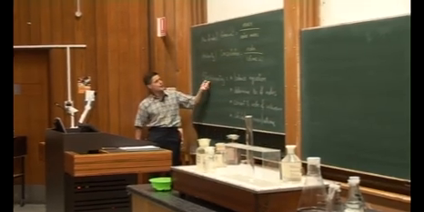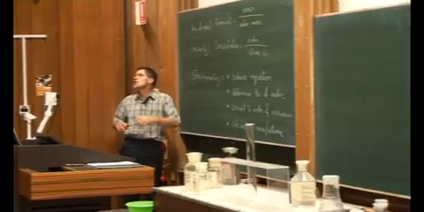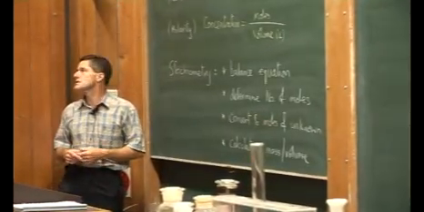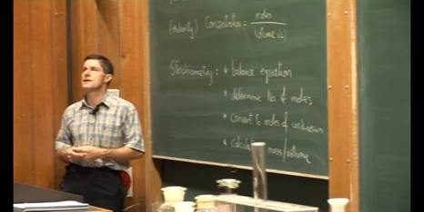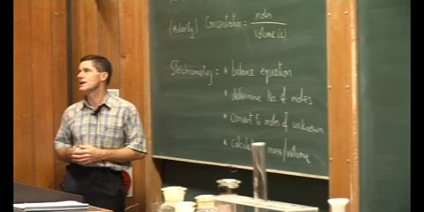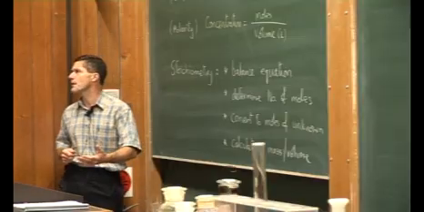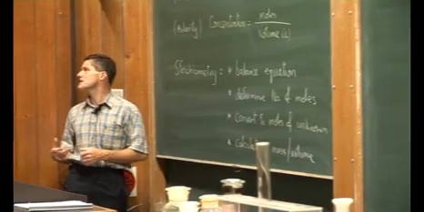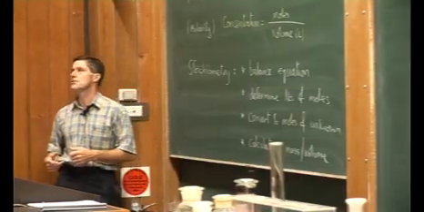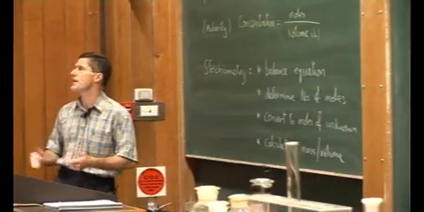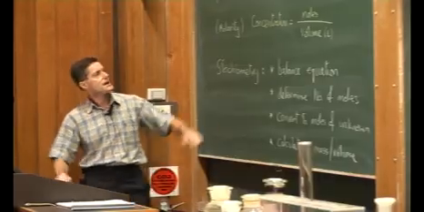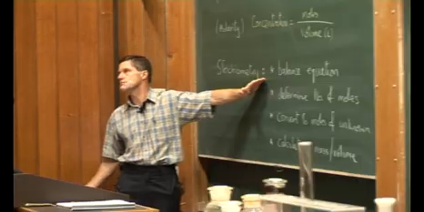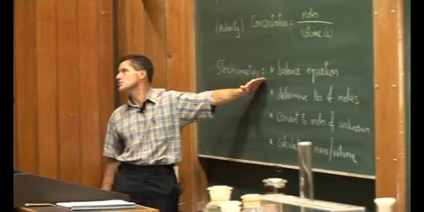Stoichiometry, the whole field of stoichiometry, is using this mole information in order to determine something about the reactions we're doing, in order to determine the amount of product we're going to get given the amount of starting material, or maybe the amount of starting materials I need to take in order to get so much product. It's all about either chemical reactions, solids, liquids and gases, or in solutions.